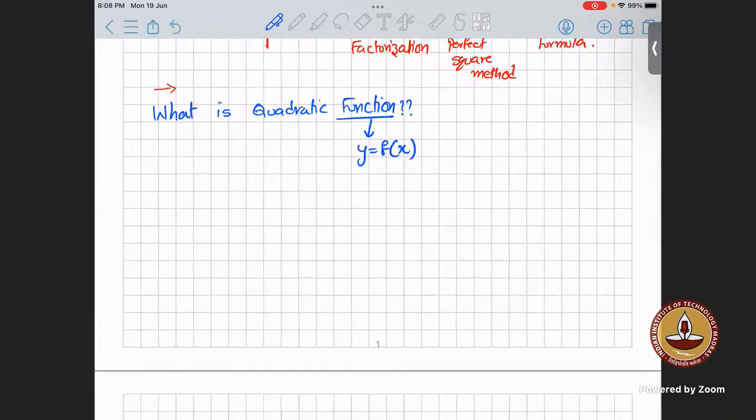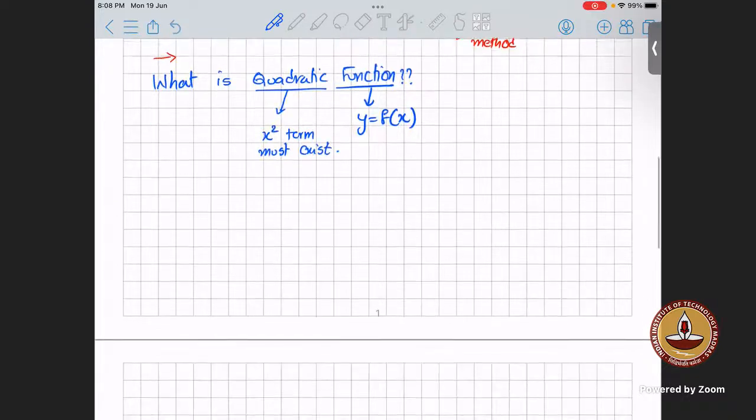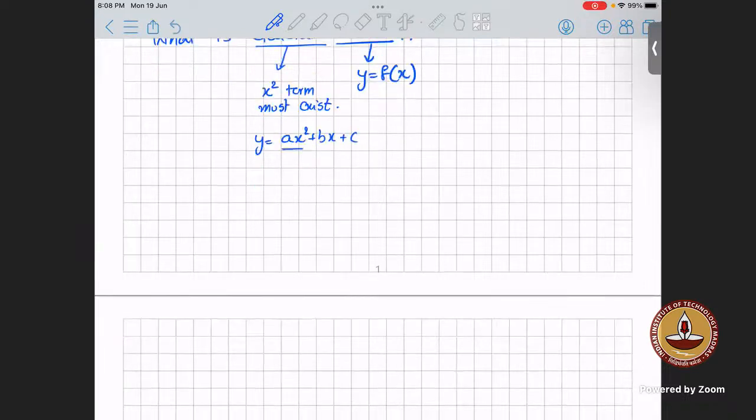The term quadratic means that the x squared term must exist. So the general formula for a quadratic function is y equal to ax squared plus bx plus c, where ax squared, this a, is known as the quadratic term, bx is the linear term, and c is the constant.